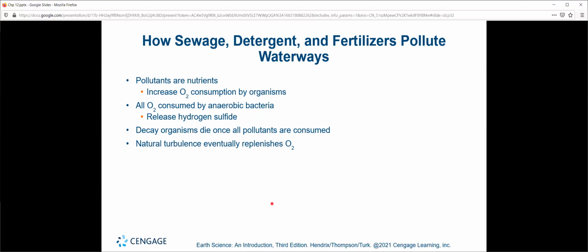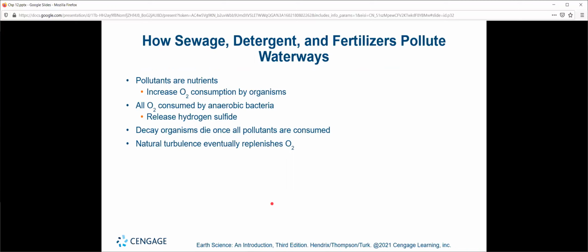So, talked about those pollutants. Let's go a bit deeper into that. How does sewage, detergent, and fertilizers pollute waterways? Well, pollutants are nutrients. Pollutants increase O2 consumption of organisms. And all that O2 is then consumed by anaerobic bacteria, which can release, for example, hydrogen sulfide. So you're kick-starting some natural, some artificial processes that will become out of flux with the environment.